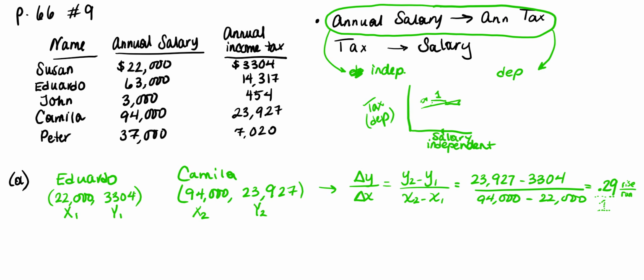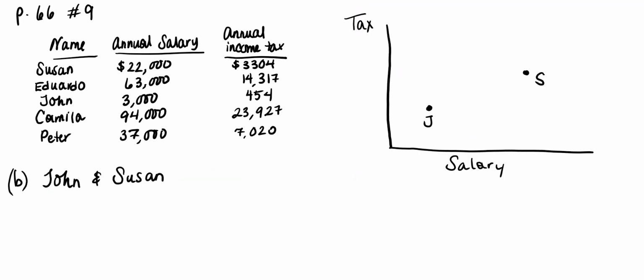That slope. Now let's take a look at part B, and it's the same deal except now we're talking about John and Susan. We are again going to use our formula for slope to calculate the average slope on the curve connecting John and Susan's coordinates.